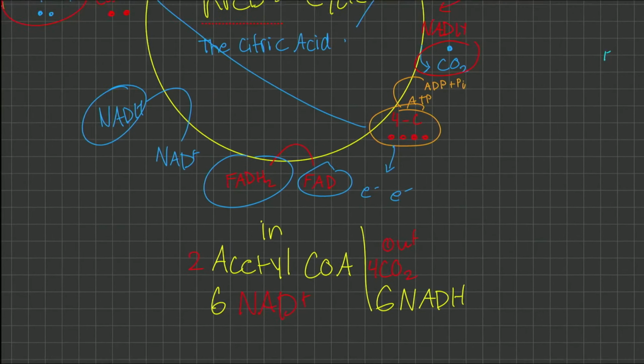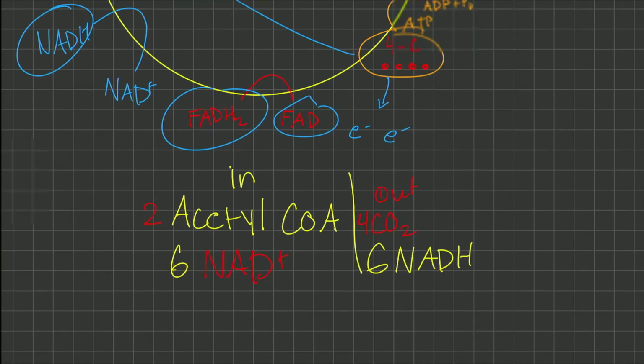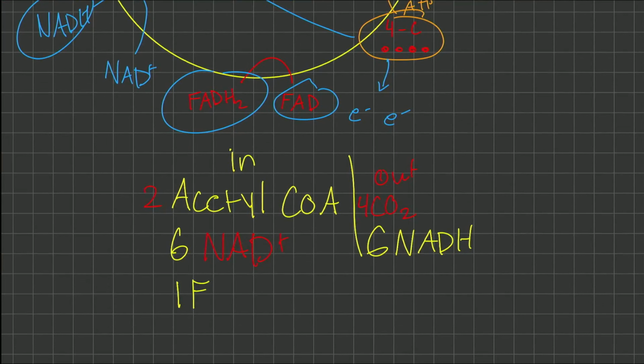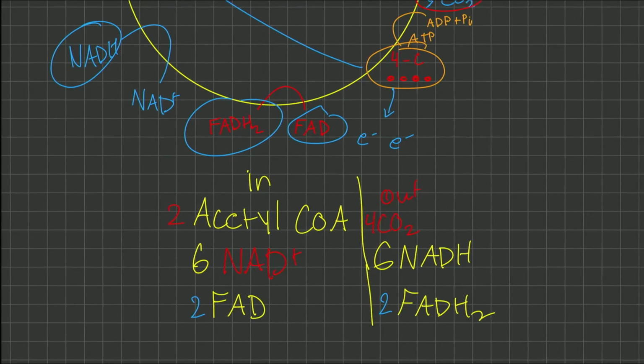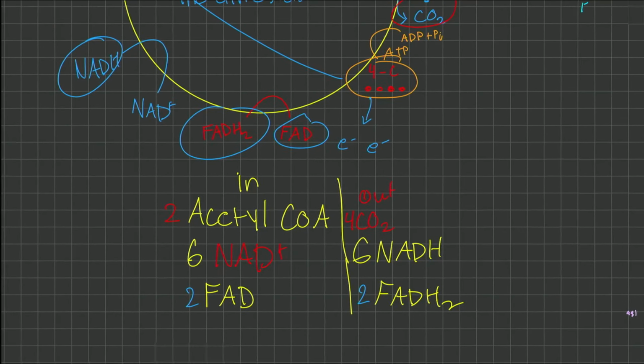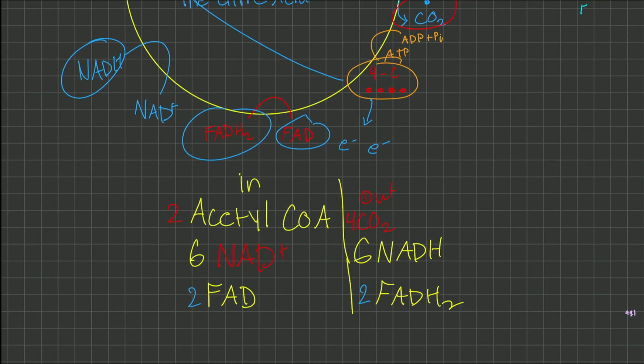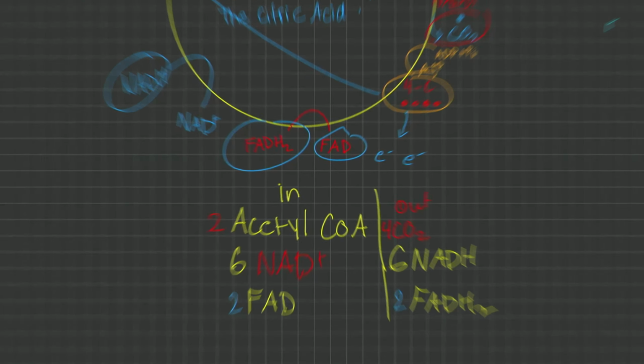In terms of FAD, we're going to put in 1 FAD, and that's going to give us 1 FADH2. And again, that's only per 1 acetyl CoA. We actually have 2 acetyl CoAs, so we're going to have 2 FAD and 2 FADH2. And that is what the in and out of the Krebs cycle actually looks like.